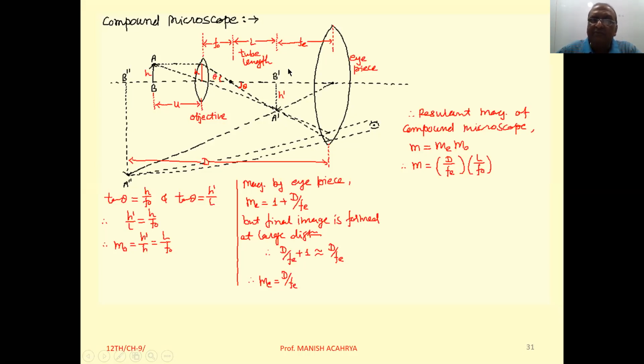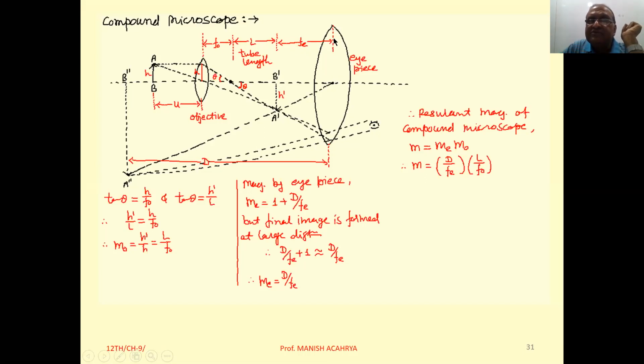Now this image formed, A dash B dash, will behave as an object for the eyepiece. The eyepiece is adjusted in such a way that this image formed should be very close to the first focal point of the eyepiece. The focal length of the eyepiece is shown here, which means this is its focal point. Not exactly at the focal point, but close to it, towards the eyepiece.